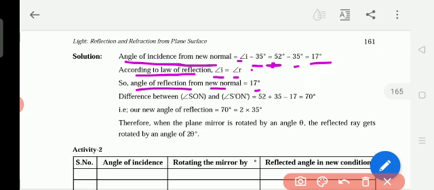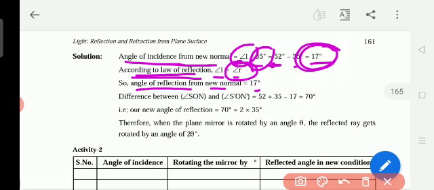When we are rotating the mirror to 35 degree, the angle of incident becomes 17 degree, so the new reflected ray also will get 17 degree, because according to the laws of reflection, angle of incident is equal to the angle of reflection. So angle of reflection from the new normal is 17 degree.